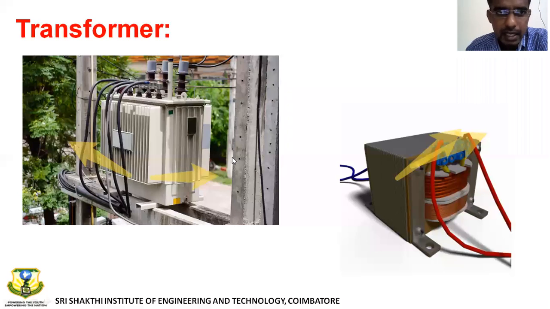Basically, the word transformer came from the word transform. Transform means from one medium to another medium, from one shape to another shape. Converting is what you will call transforming.